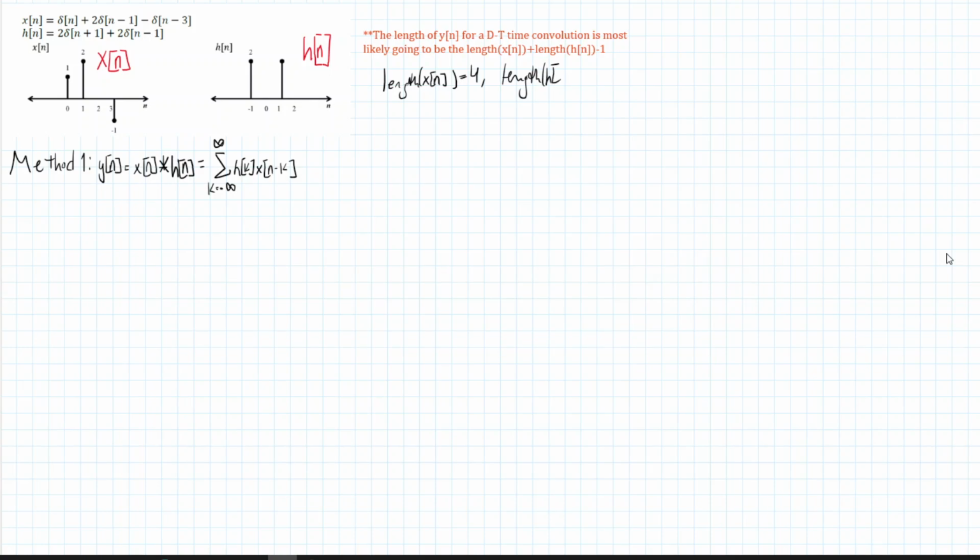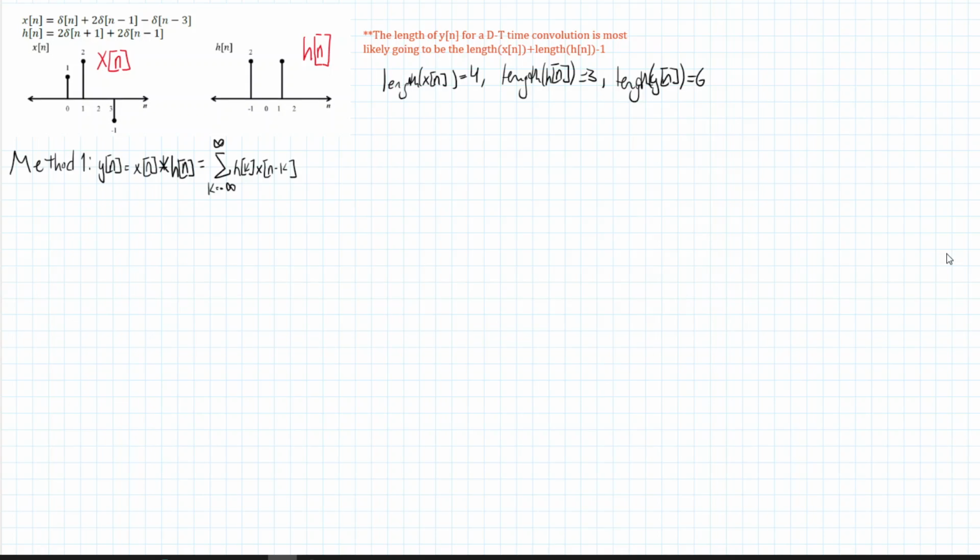The length of h of n goes from 1, 2, 3, so that's 3. So 4 plus 3, so y of n should be about 6. 4 plus 3 minus 1.